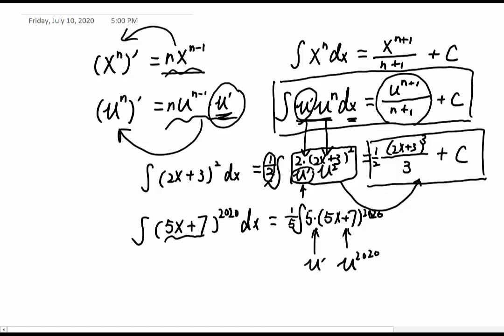With respect to dx, now we're going to get 1/5, and everything else will follow the basic rule. That's going to be 5x plus 7 to the 2021 over 2021, plus c.